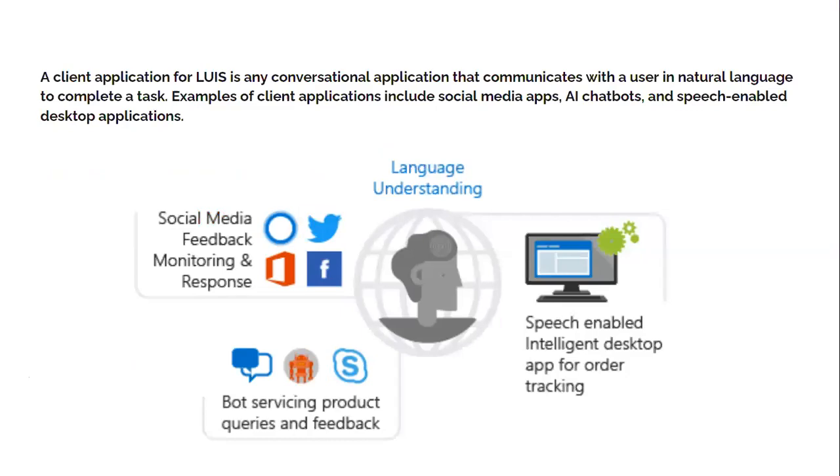It also uses natural language processing, meaning it can take input in the form of natural language, analyze it based on the trained model and give us the top score intent from it. It can be integrated in making chatbots and social media apps.